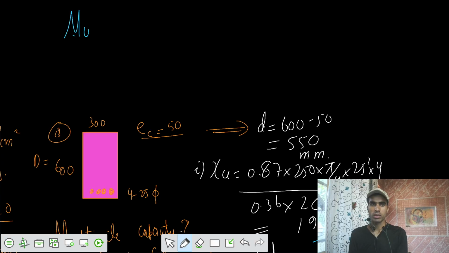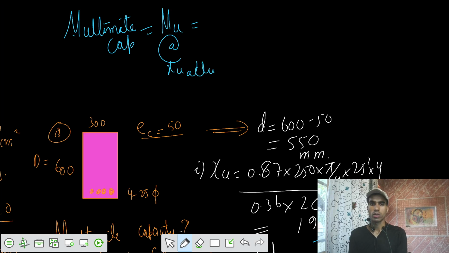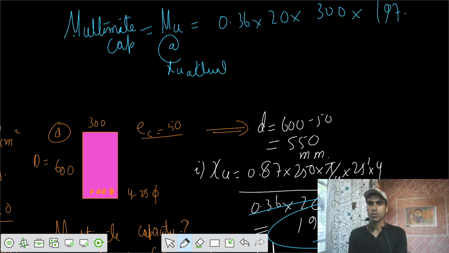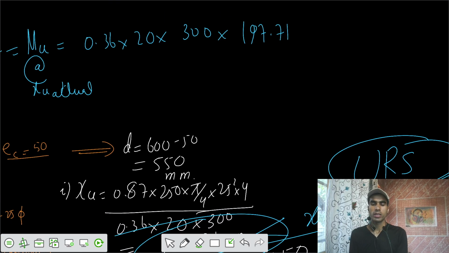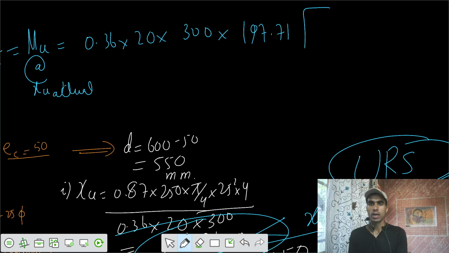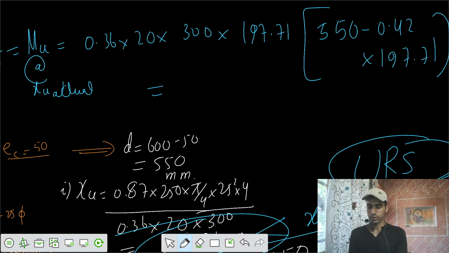So the ultimate moment capacity Mu corresponds to Xu actual, 197.71. The equation is 0.36 fck b Xu, with the lever arm d minus 0.42 Xu.